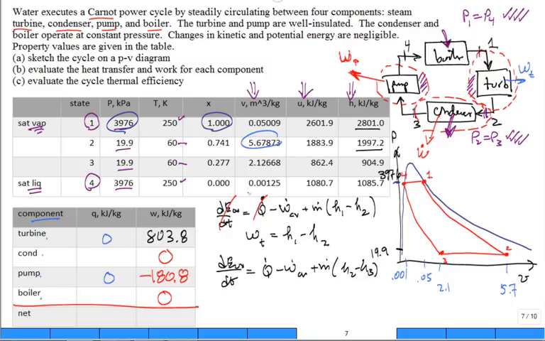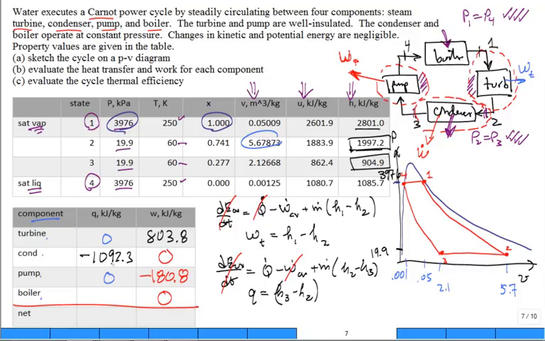So it's steady state, no shaft work. So we find that lowercase q is equal to h3 minus h2. The enthalpy at 3 is a lot lower, 904.9, subtract off, and we find that for the condenser, it's negative 1092.3. Why is it negative? It's heat transfer out of the condenser, not into the condenser.